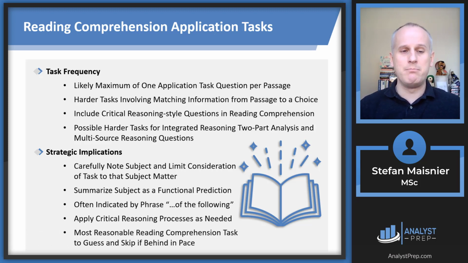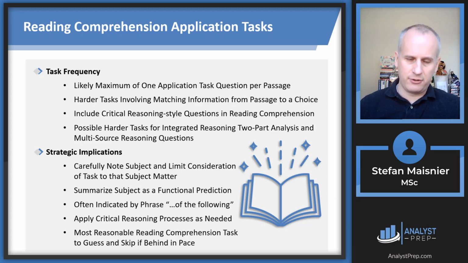And this is the most reasonably skipped reading comprehension task if you're behind in pace, because it's going to be asking about a specific piece of information, and applying that piece of information will generally be more time consuming than your average, more conventional reading comprehension task. And it's probably not going to relate to another question in the set.